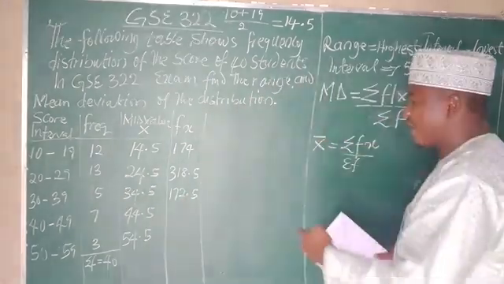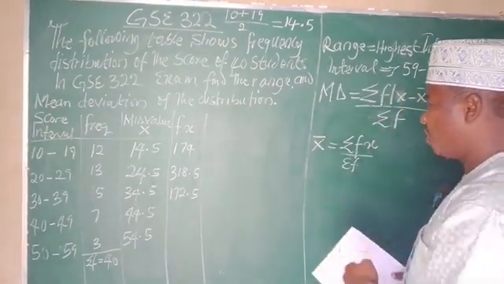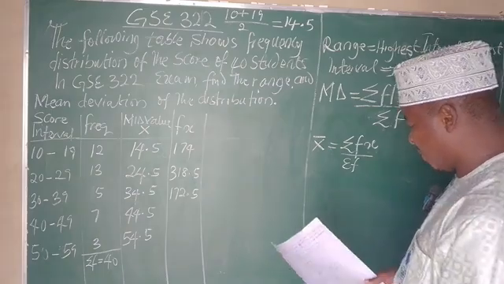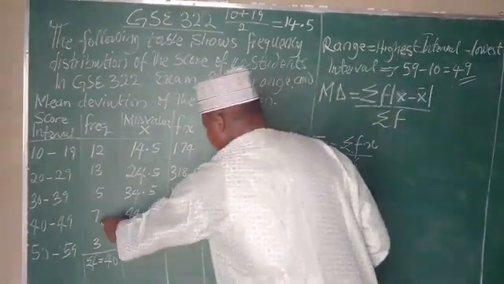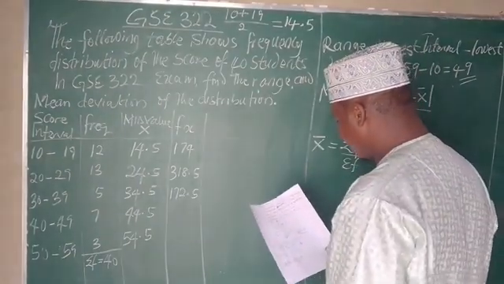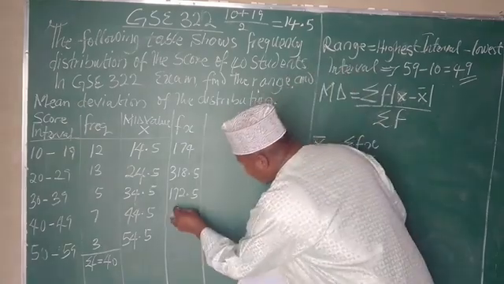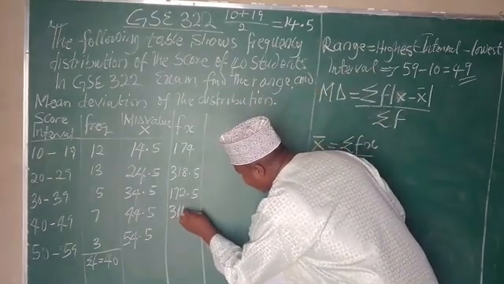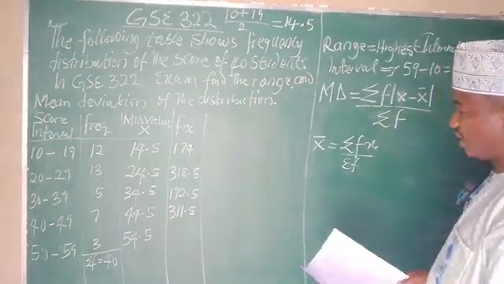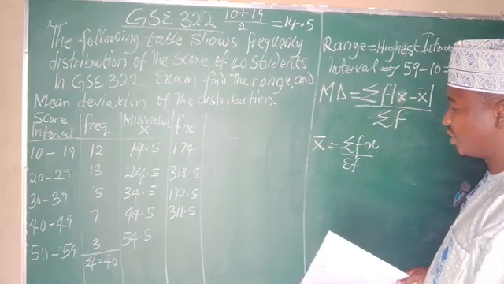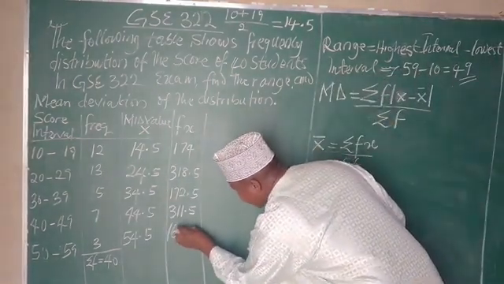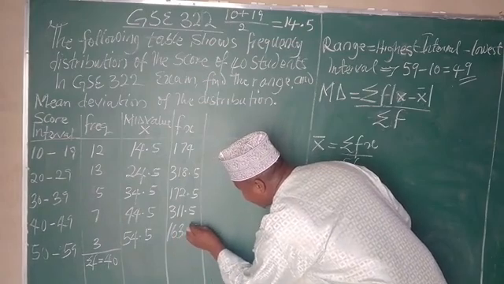Then the fourth one is 7 times 44.5, which is going to give us 311.5. Then the last one is 3 times 54.5, which is going to give us 163.5.